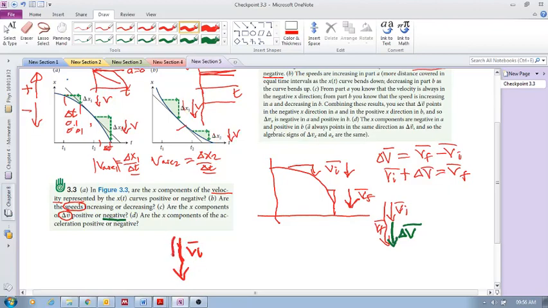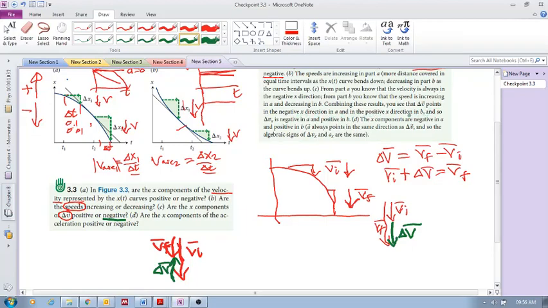My final velocity is pointing in the same direction, but it's smaller, which means that my delta v has to point up. V initial plus delta v gives me my v final. Okay, so my delta v for this one is positive. Okay, so it says delta v points in the positive x direction in B.